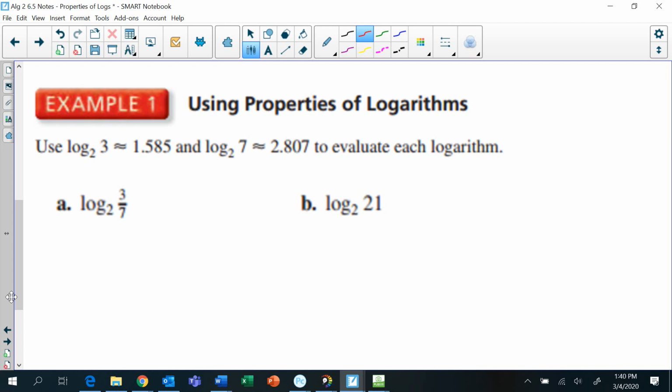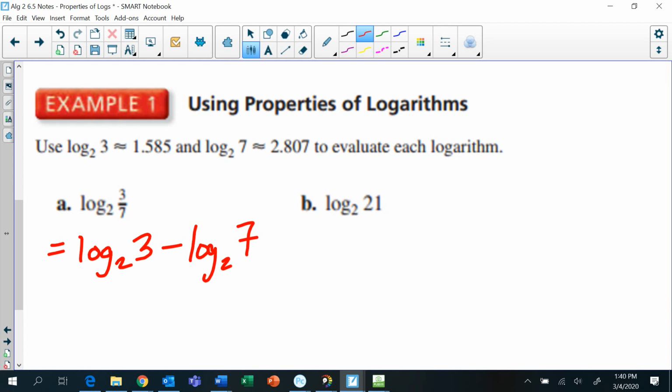If I have log base 2 of 3/7, I can rewrite it if I need to as log base 2 of 3. And then what does division mean? It means to subtract log base 2 of 7.